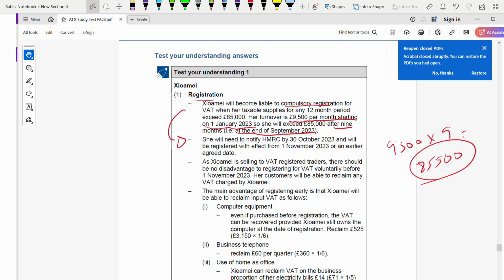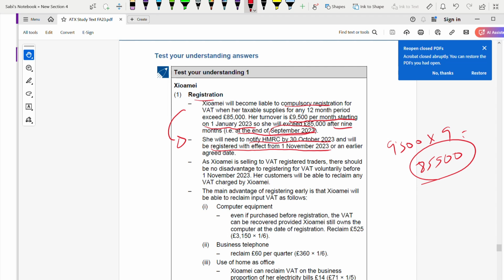That means the second month following the end of the month in which taxable supply is exceeding. Taxable supply is exceeding at the end of September. So she will notify HMRC by 30th October 2023, and this will be registered with effect from the next date, that is 1st November.